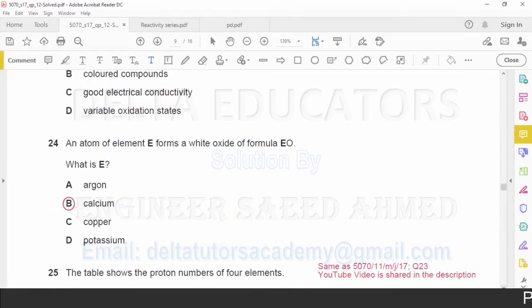Question number 24. An atom of element E forms a white oxide of formula EO. What is E? EO means it is an oxide. Oxide means here the oxidation state of oxygen is -2. If the oxidation state of oxygen is -2, then the oxidation state of this E should be +2.